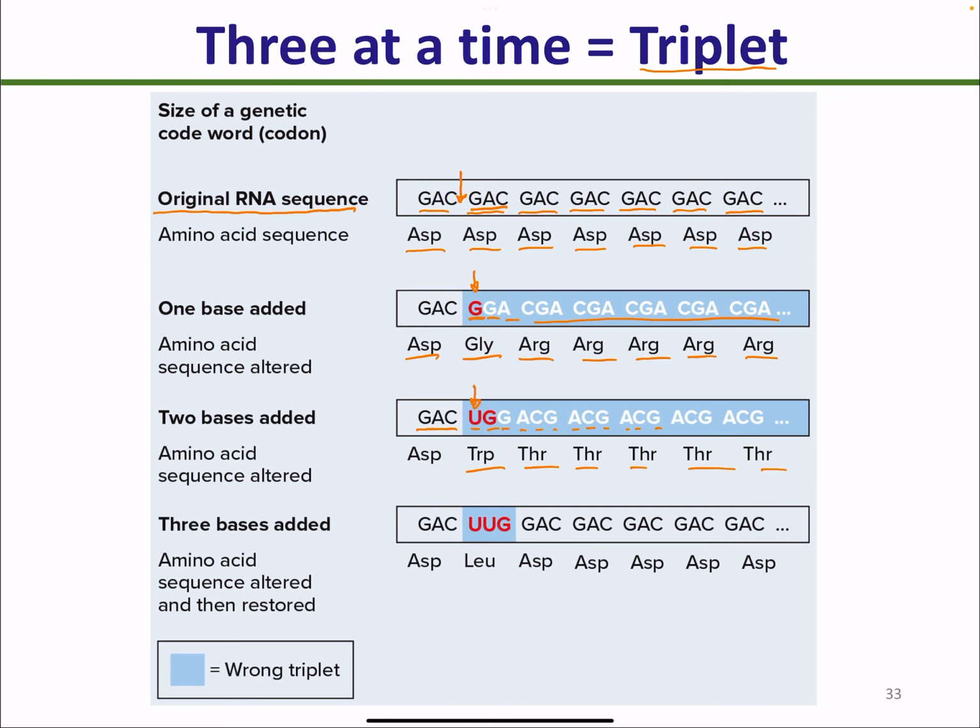Now, what if the mutation is such that you are adding 3 nucleotides? Let's see what happens. So you add UUG. So we have GAC, UUG, its equivalent amino acid is leucine, and then after that you have GAC, GAC, GAC, GAC, GAC. You have the same sequence, right?